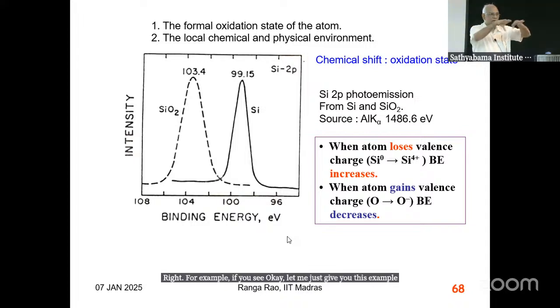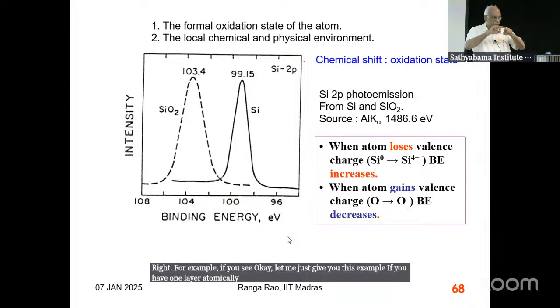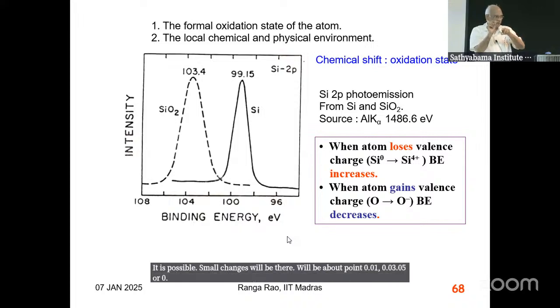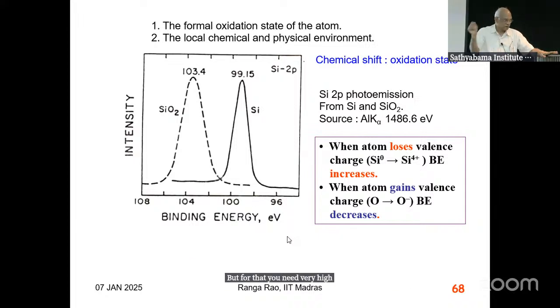If I have one atomic layer and a second atomic layer, I can actually distinguish these two also. It is possible. Small changes will be there, about 0.01, 0.03, 0.05 or 0.5 eV difference. But for that you need a very high resolution spectrometer, like at a synchrotron radiation center, where they have very high resolution.